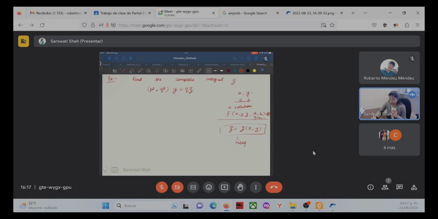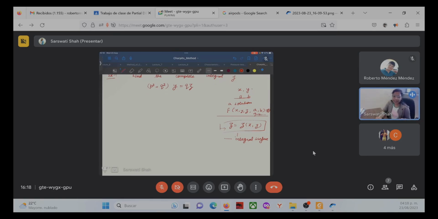Every time if someone asks you what is the complete integral, and this is also known as the particular integral. What is the particular integral? It means we have some kind of initial or boundary condition. So this will give us the integral surface. And the complete integral does not have the facility of the initial or boundary condition, so we will get some constants in the solution.